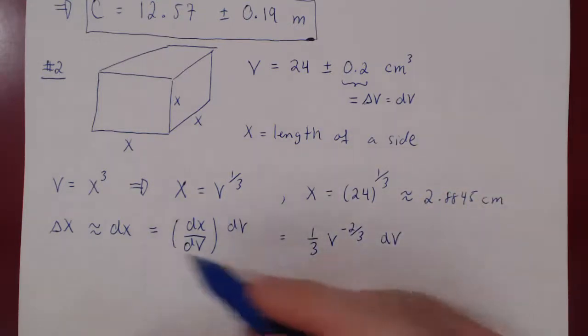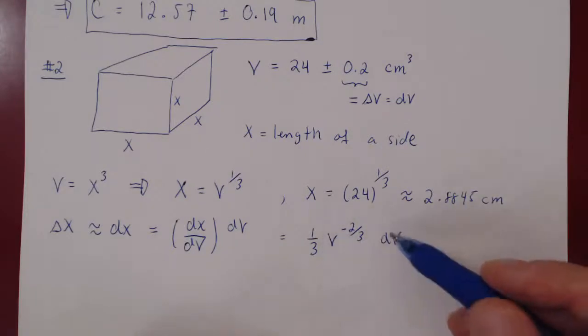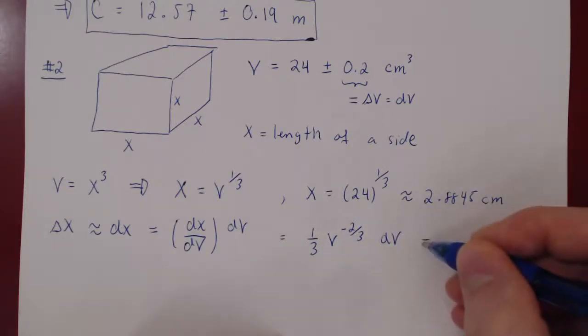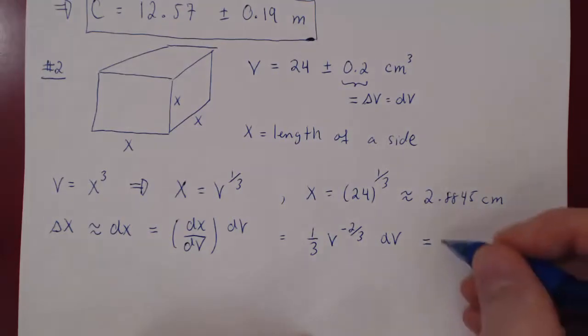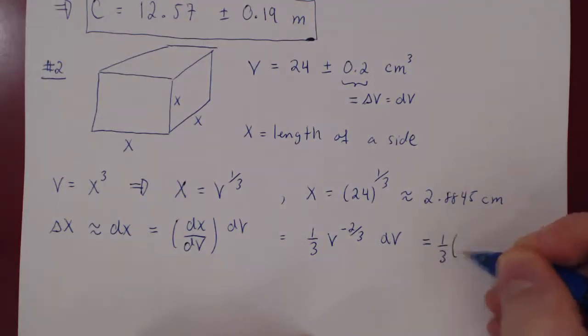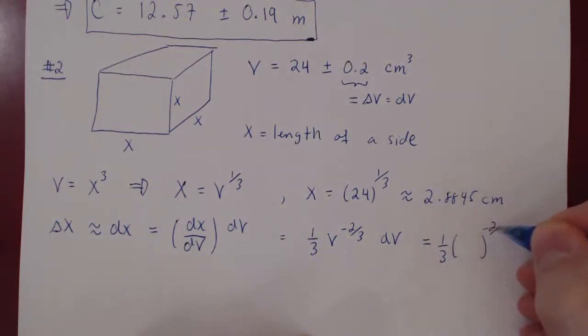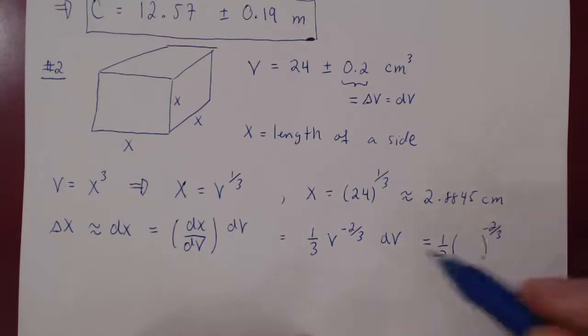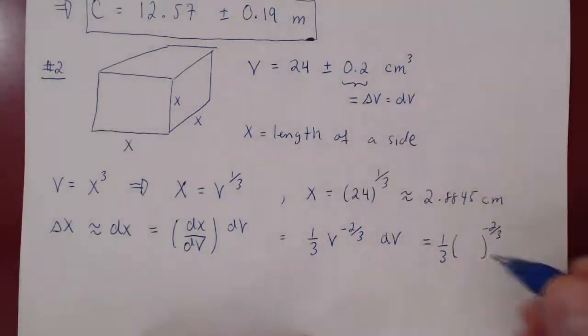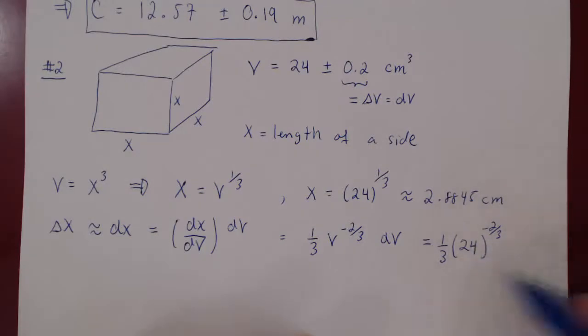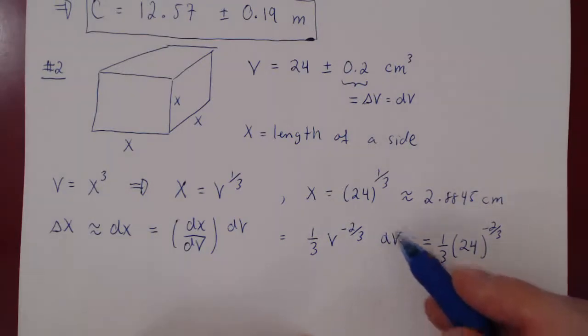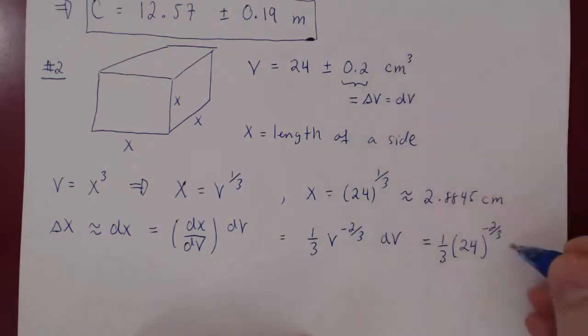Now we have our differential dx for any value of v and dv. Let's evaluate. It's 1/3 the volume to the negative 2/3, but we found a volume of 24, so that's 24. And dv is the uncertainty in our volume calculation, and that is 0.2.